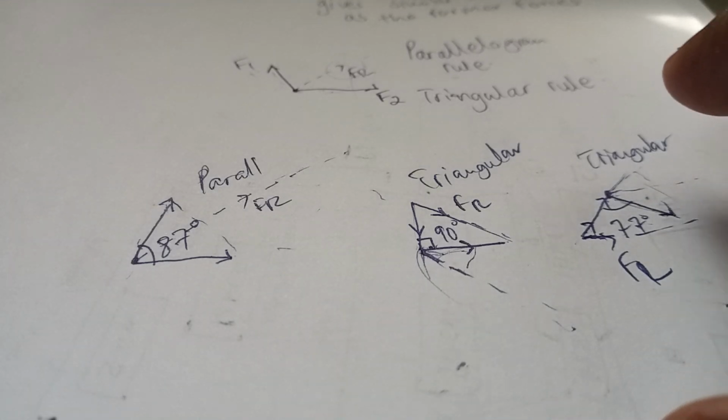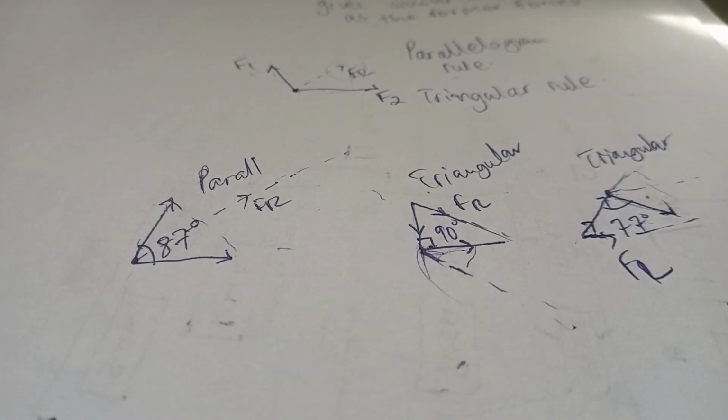Now, what is the triangular rule? Maybe you should know what the triangular rule is. Make sure to watch my videos on the triangular rule and the parallelogram rule. Now that you have understood, let's go to the real solving of various problems concerning finding the resultant force.